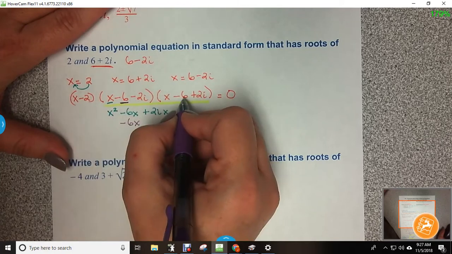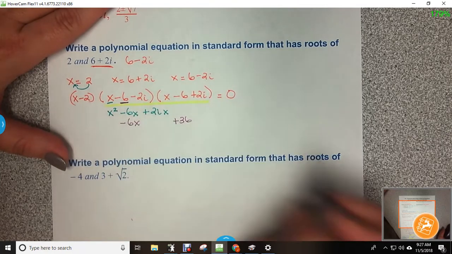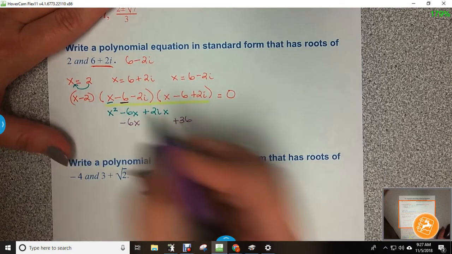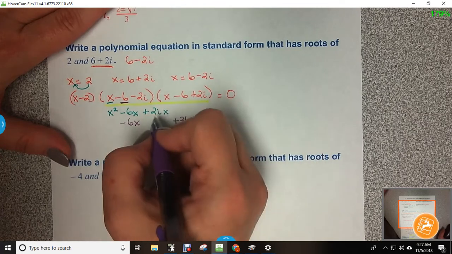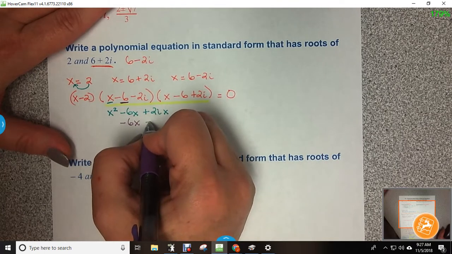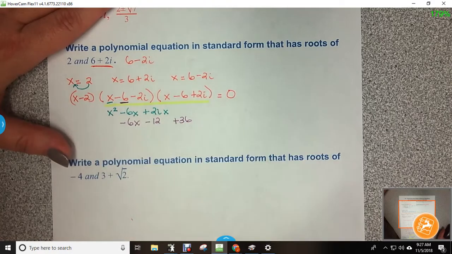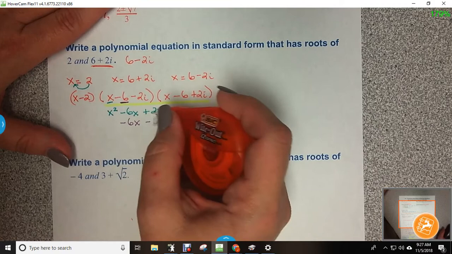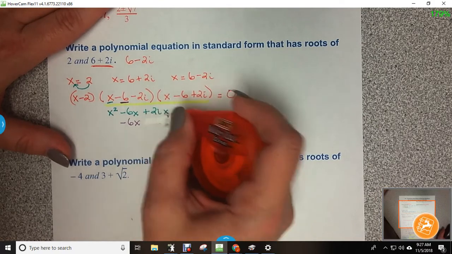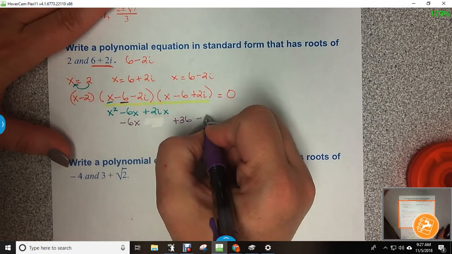Negative 6 times negative 6 is a positive 36. I put it out here because I don't have a like term to put it under. And then negative 6 times a positive 2i is a negative 12i. And it doesn't have a like term, so it's going to go out here.